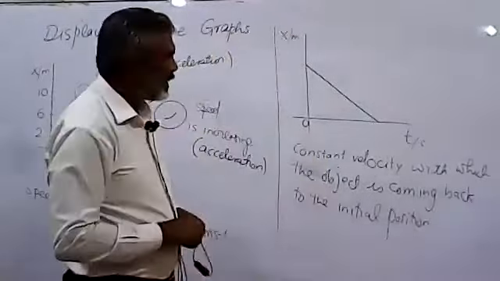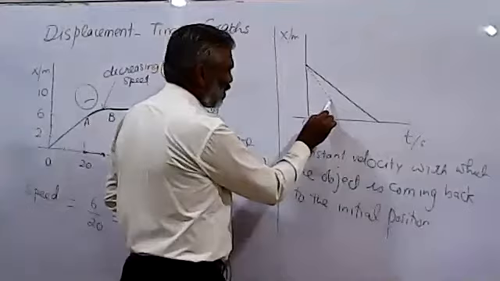So if it has a larger gradient, although negative gradient, but larger value, larger magnitude, that means it is moving faster in order to come back to its initial position. So these are 1, 2, 3, 4, 5 different situations that you can describe in words if you have a displacement time or distance time graph in the question.